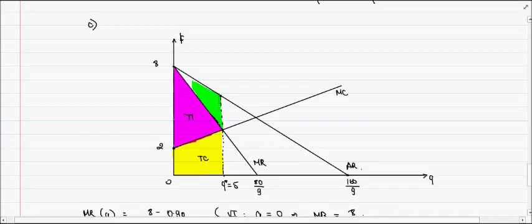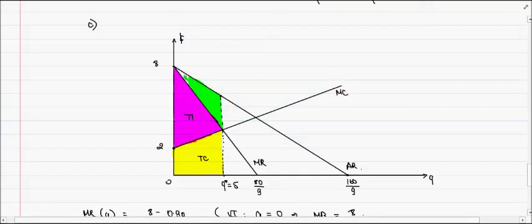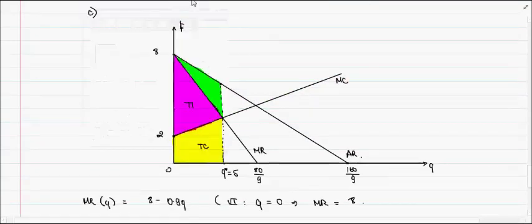So this is the area below the average revenue, above the marginal revenue, and up until the quantity Q equal to 5. Okay, so this area over here is the consumer surplus, right?